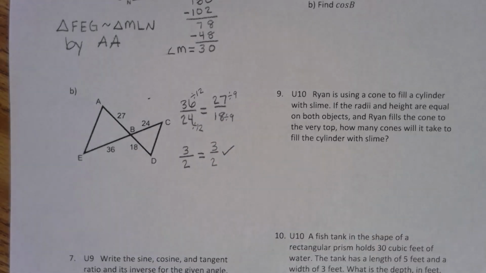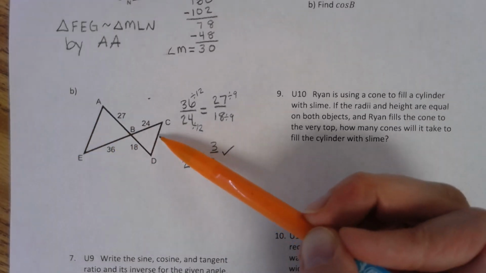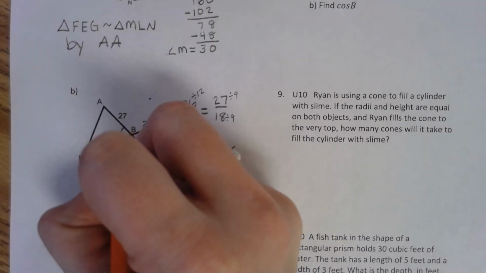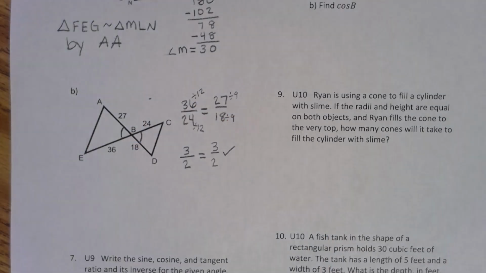So those sides are proportional. So far it's looking pretty good for either side-angle-side or side-side-side. We could not do side-side-side because we don't have this third side to also make sure that they're proportional. However, we do have this angle here and here that are vertical angles, so that allows us to call it side-angle-side.